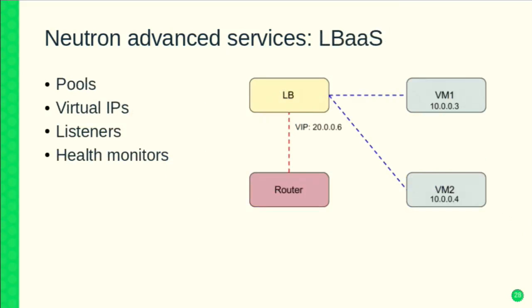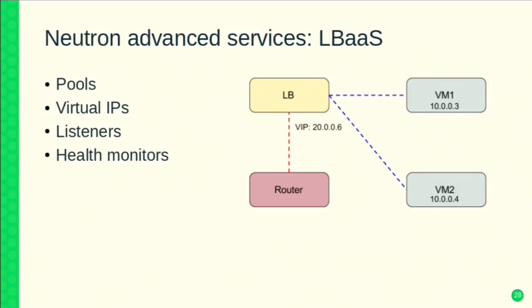So in this example, I have a load balancer with a virtual IP of 20006. And of course it's connected to a router. So when a packet arrives that is meant to go to 20006, the load balancer will handle it, and according to some policy that you configure, like round robin or any that you like, it will forward the traffic either to VM1 or to VM2.